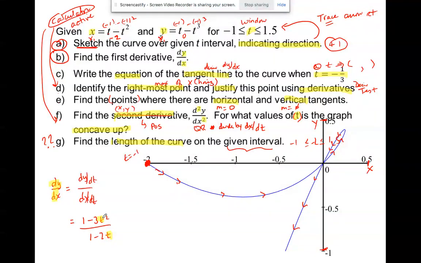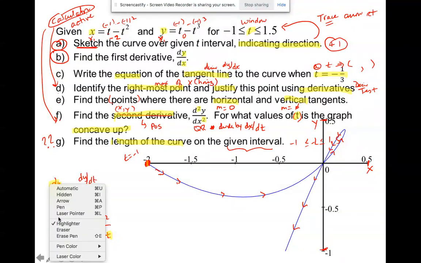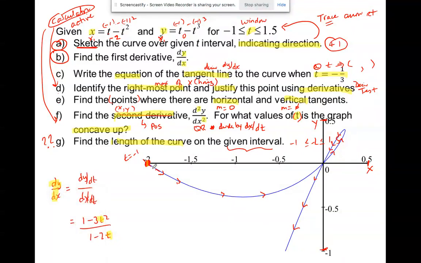So when t is equal to -1, what is the slope of this curve? I hope I get something negative. When t is equal to some other value, I hope I have a slope that is horizontal.